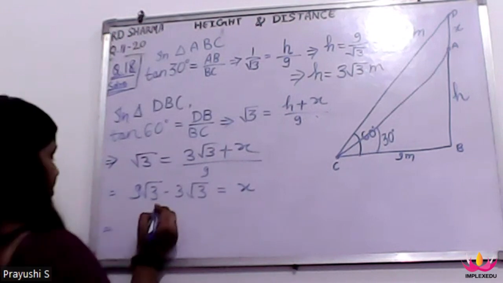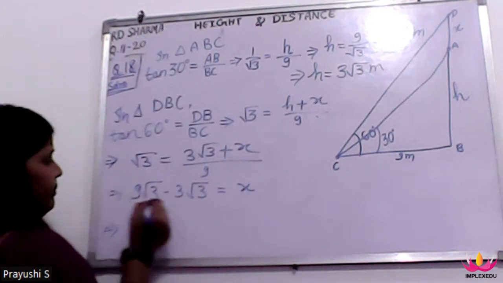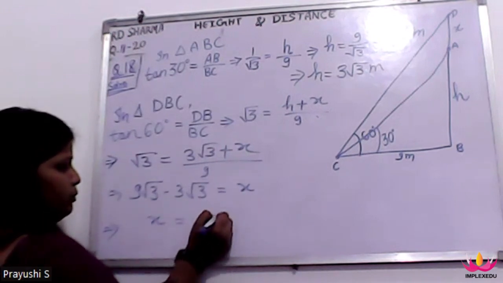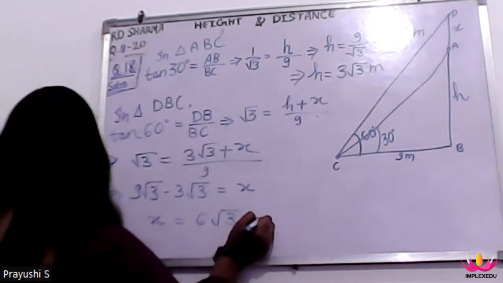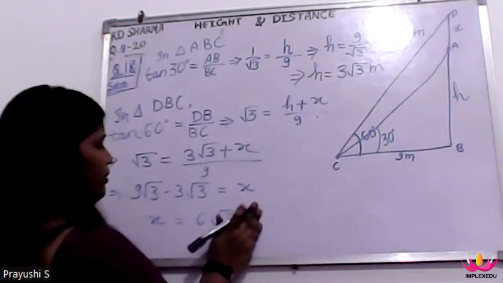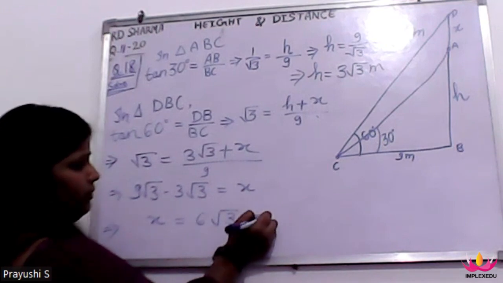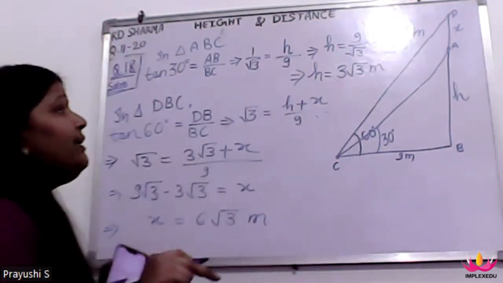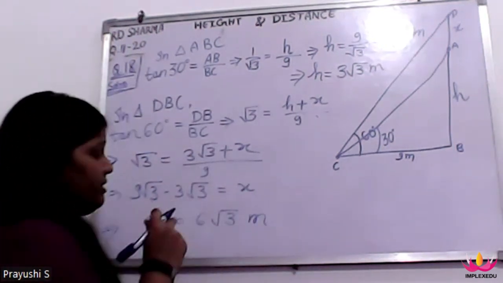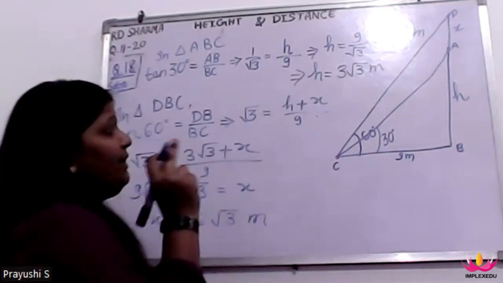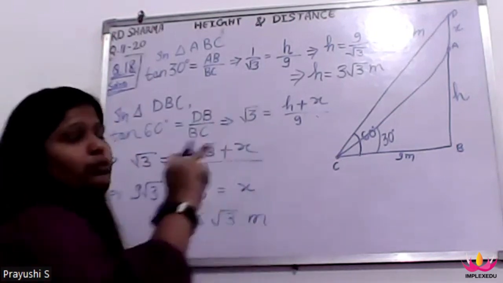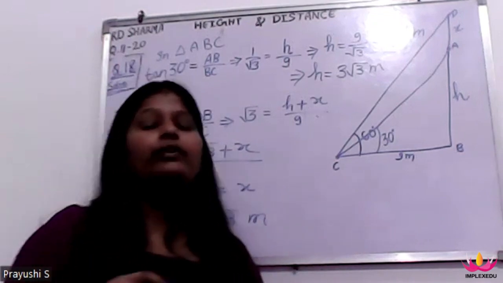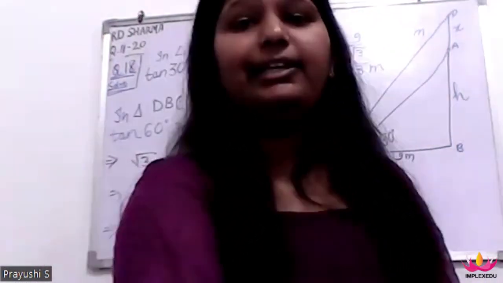And this is how we will get x is equal to 6 root 3. We don't have to convert it on the root. So now we got that the height of the flagpole is 6 root 3 meters and the height of the tower is 3 root 3 meters. That's how we have solved question number 18.